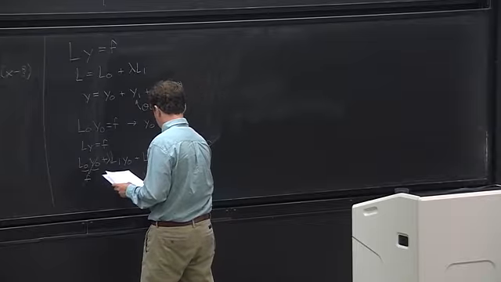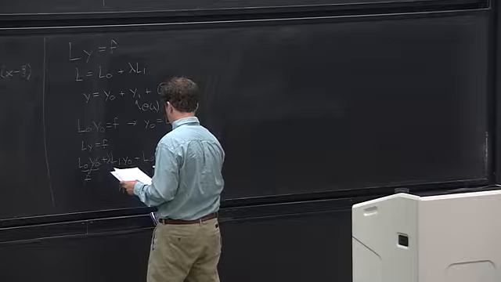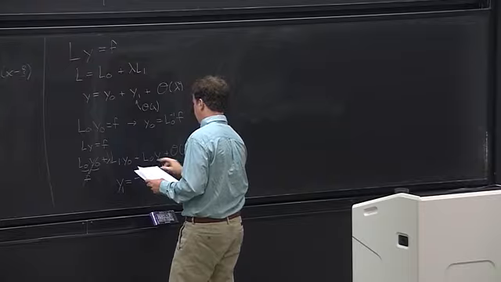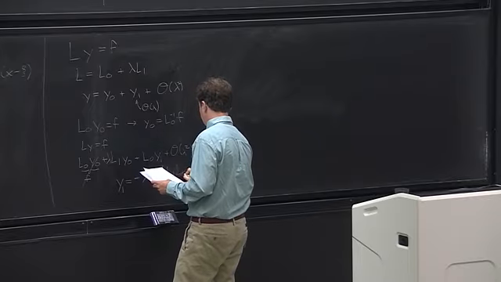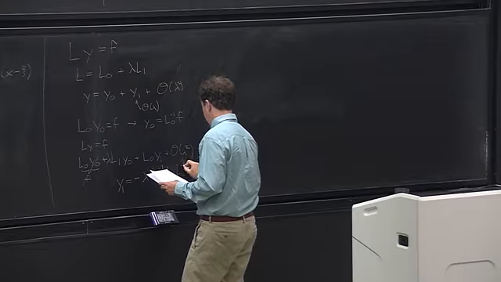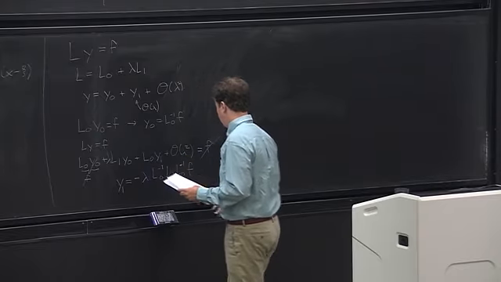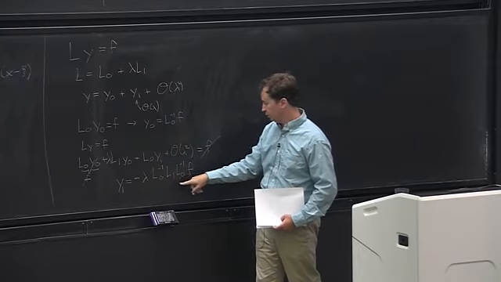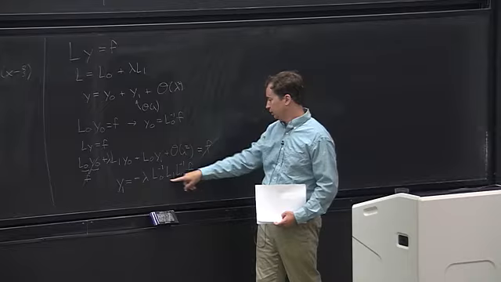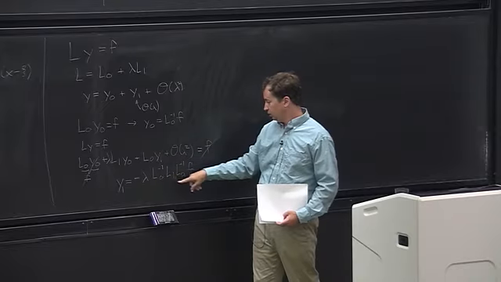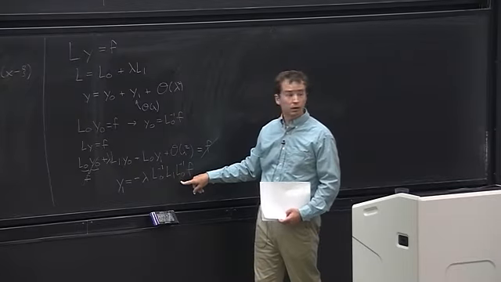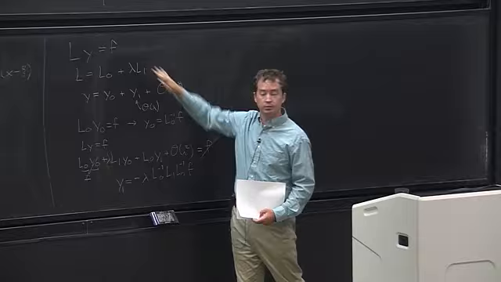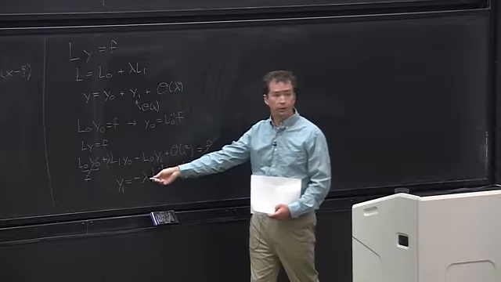So y1 is minus lambda L naught inverse L1 y naught, where y naught is L naught inverse f. And so we see that we get a perturbative solution that involves just products of our solution to the free problem, the problem without any perturbation, multiplied by our perturbation.